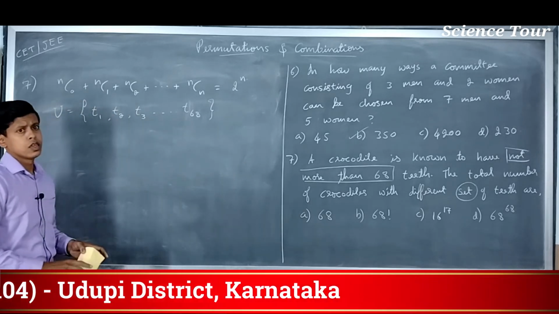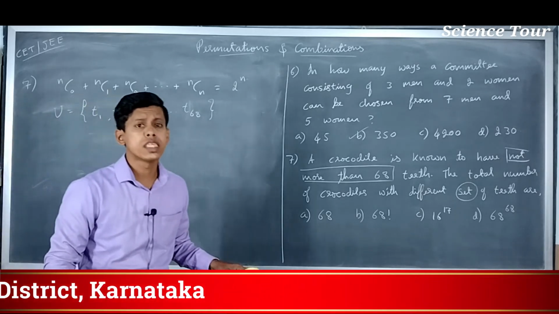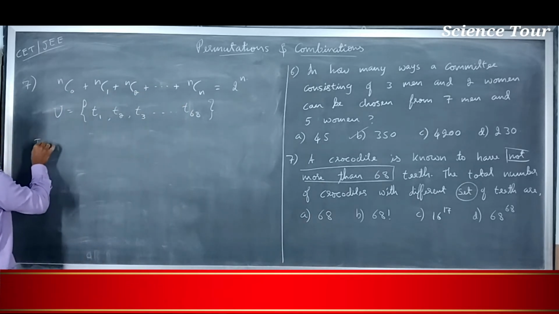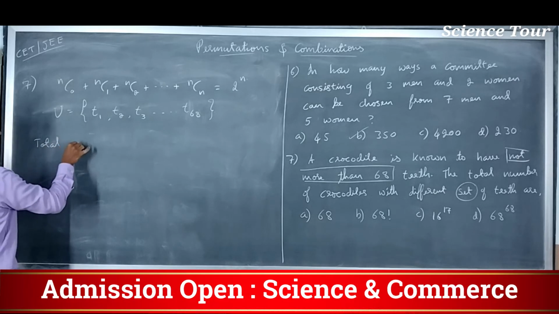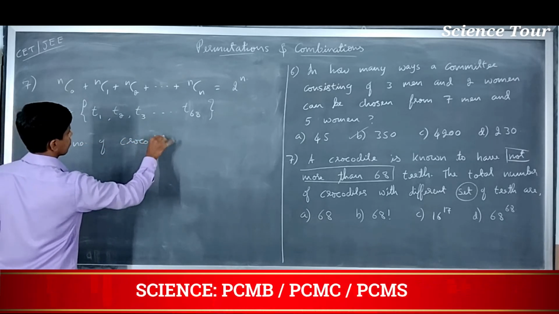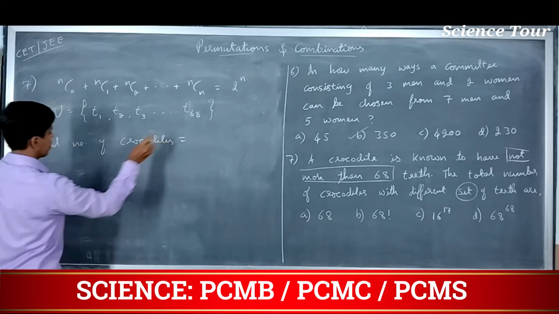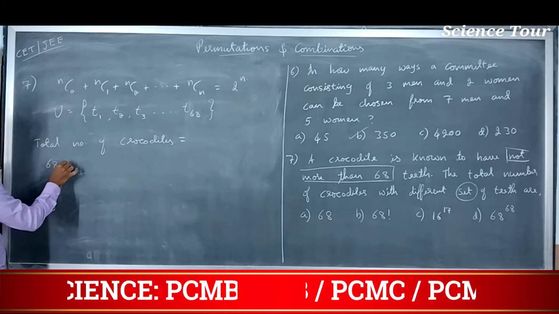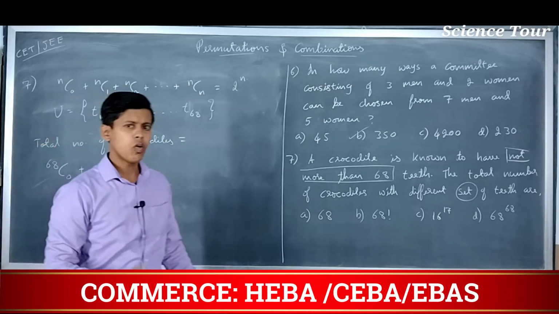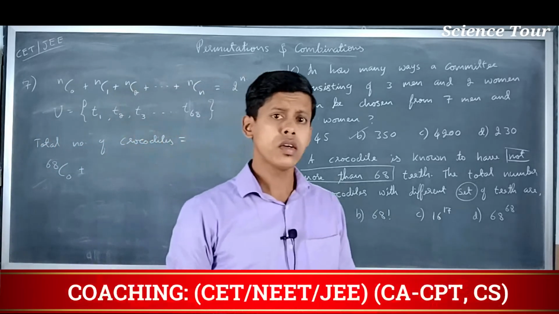First, you may have a crocodile with no teeth at all. That is nothing but 68C0. What is nC0? 1. So how many crocodiles are there? Only 1.